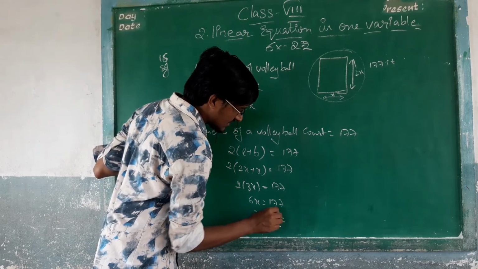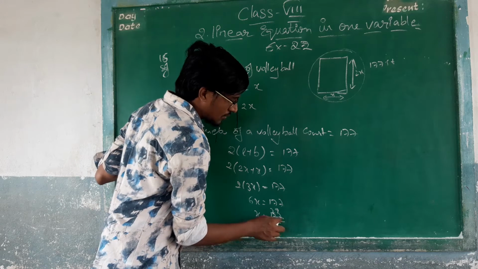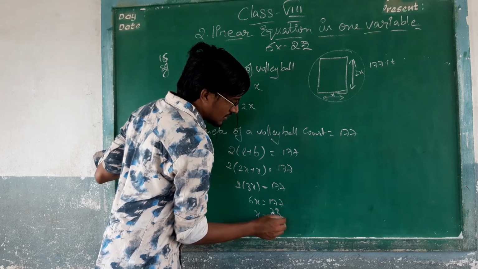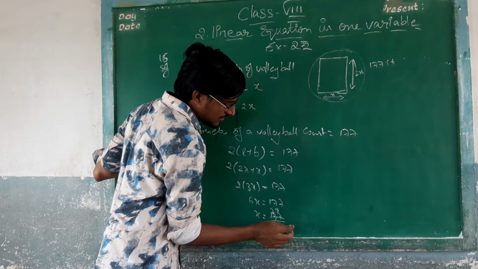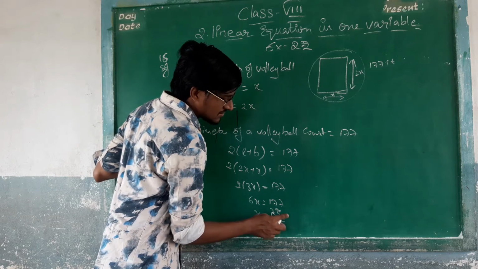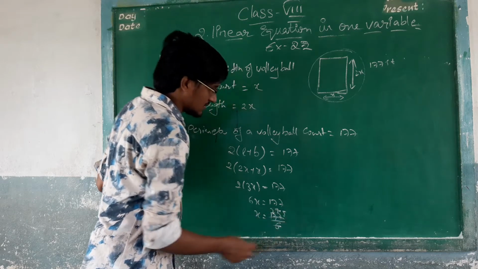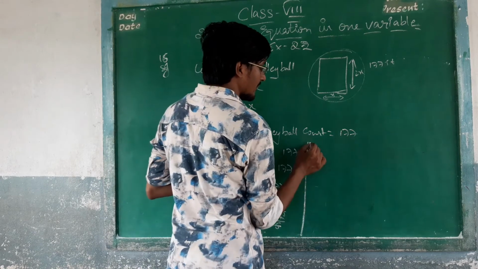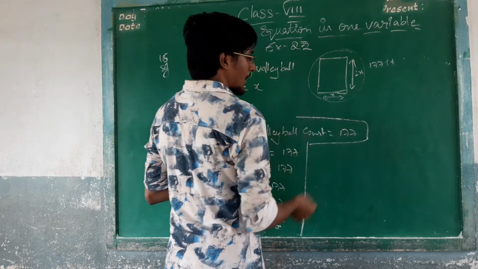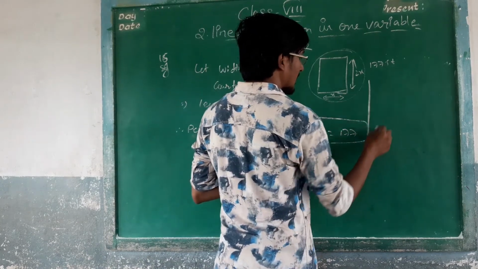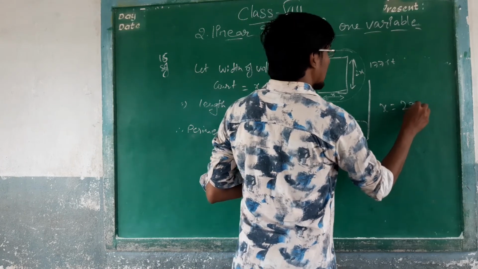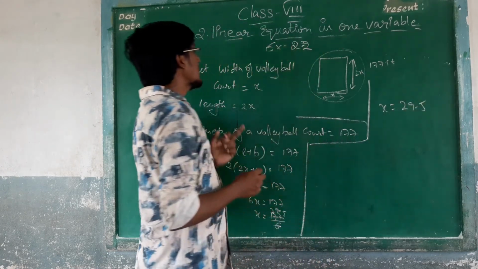How much remaining? 3 remaining. If you put the decimal point here, 0, 30. 6 fives are 30. So that implies x equals 29.5.